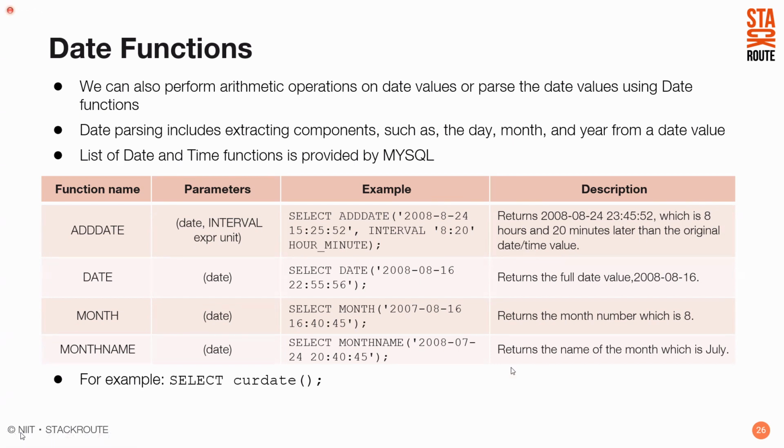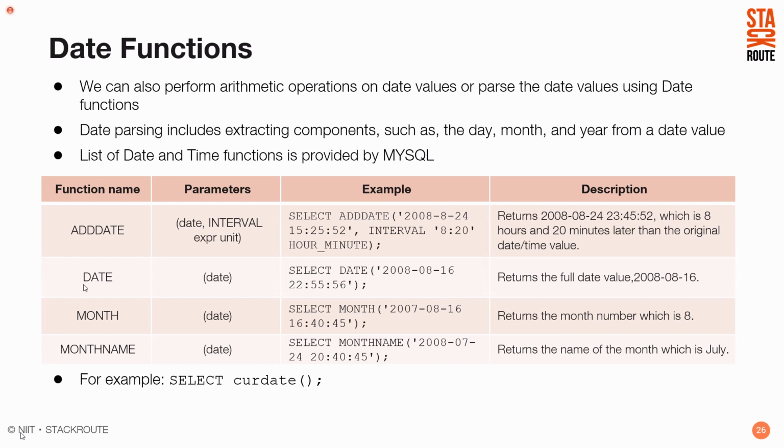Add date. I will be calling the method add date. I'll pass whatever the date, comma, interval on what? Interval of 2 days, 2 months, or 2 years.